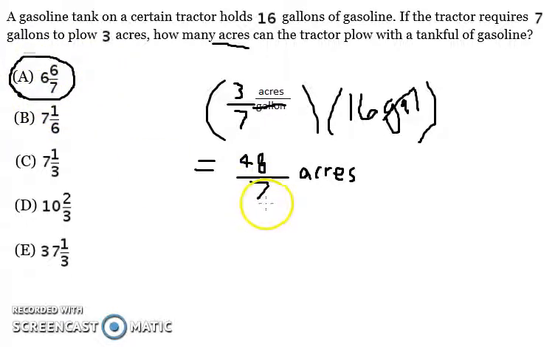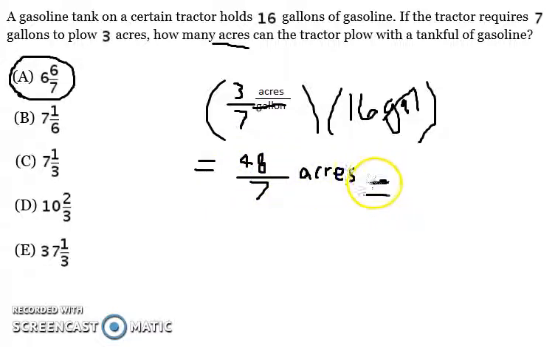But just to show you this, you can divide 49 by 7 evenly, which would be 7. But you don't have 49, you only have 48.